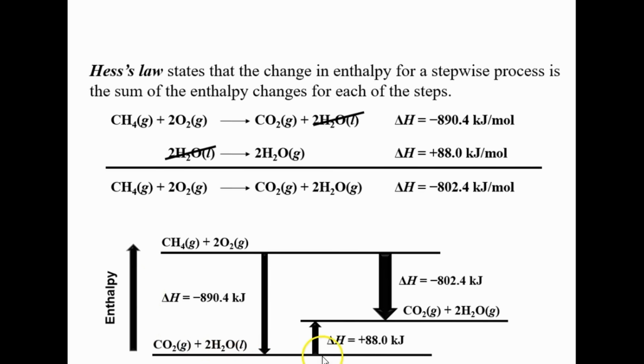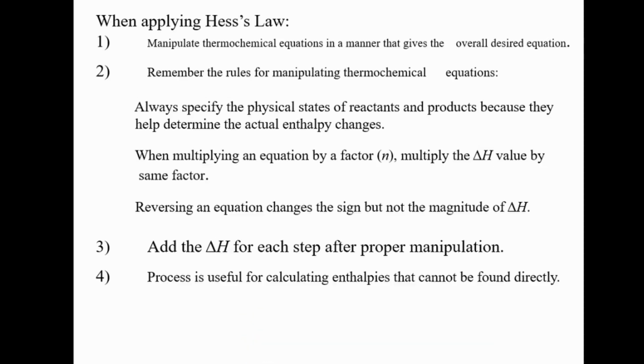And here's this stepwise thing. This distance is the sum of these two distances. Here's where we just have the water and the gas, but we go this little extra step to get down here. And now these two steps sum up to that step there.